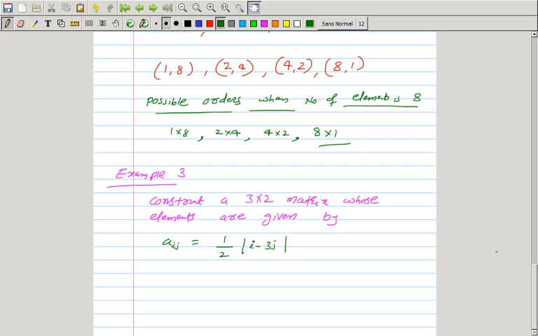We have to just construct a matrix. So we'll first write the general form of the matrix, right? So the general form of our 3 cross 2 matrix, let us name that matrix as A. Here 3 cross 2 means 3 rows and 2 columns.